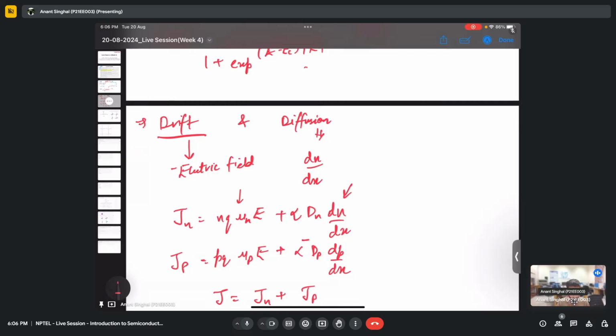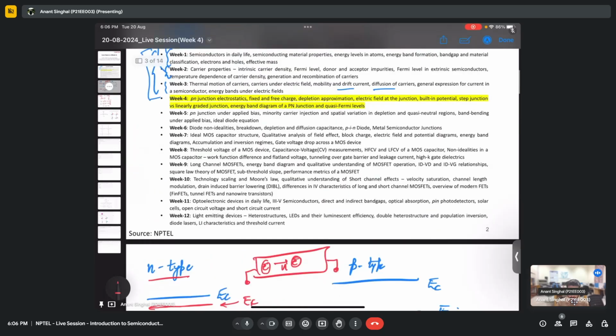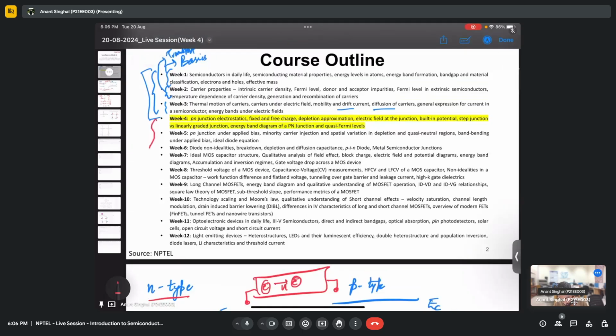Now we are going towards the most important topic of this particular course, that is junctions. Junctions means that we will be making certain semiconductor devices that you will read about in the further classes. We'll initially start with the PN junction. That means we have a single bar in which we have different types of doping, and we look at what happens at the junction of those dopings. Then there are certain approximations that I'll be covering.